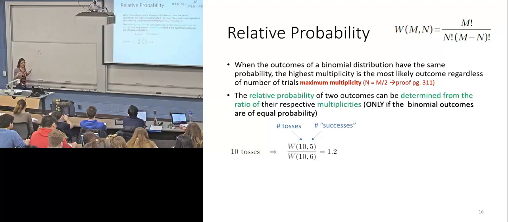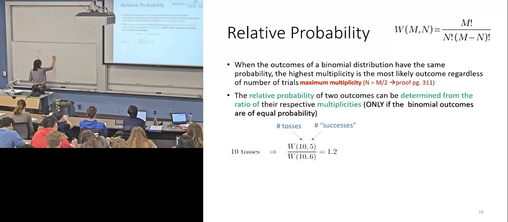When I want relative probability, I want you to take a ratio. Anytime you see the words relative probability, it's a ratio of 5 and 5 over 6 and 4.